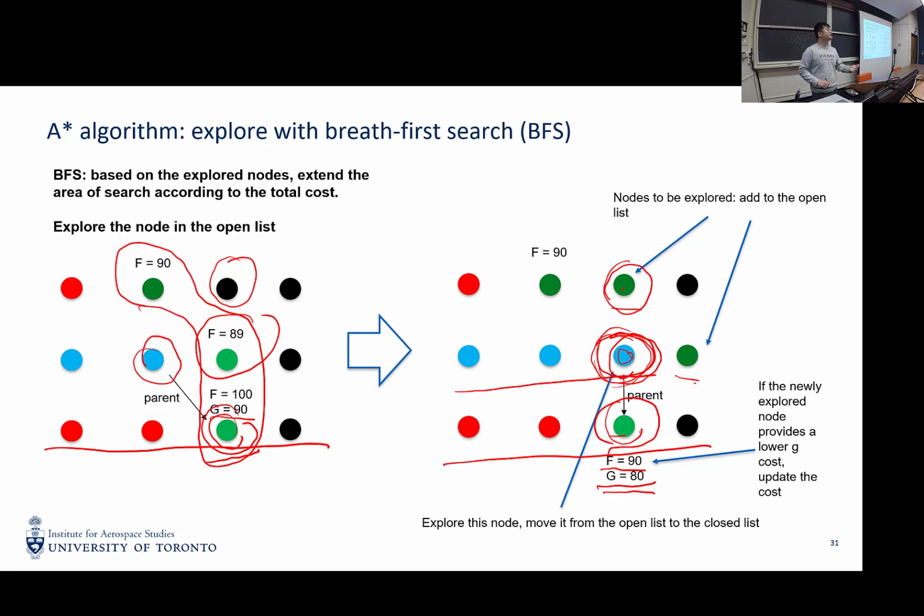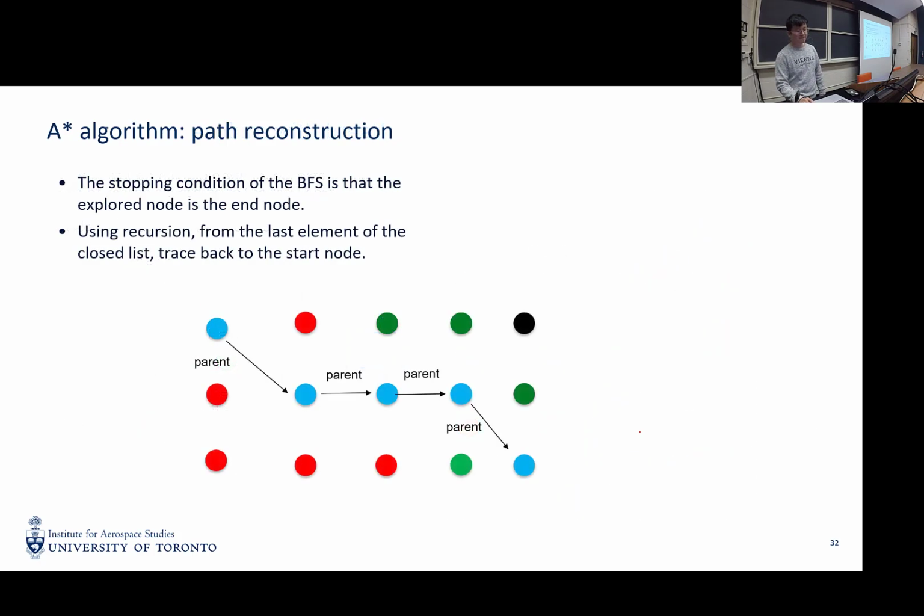Then what we do is repeat this process until one of the newly explored nodes is exactly our goal location. So we just propagate our search area repeatedly, and then hopefully we can find our route to the goal location.